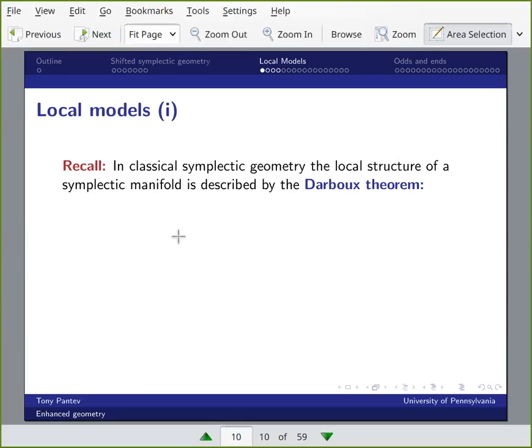What are the local models of these shifted symplectic geometries? In classical symplectic geometry, locally all symplectic manifolds look the same.